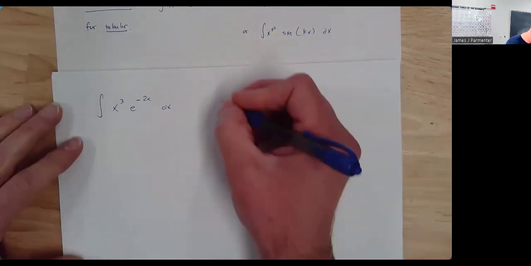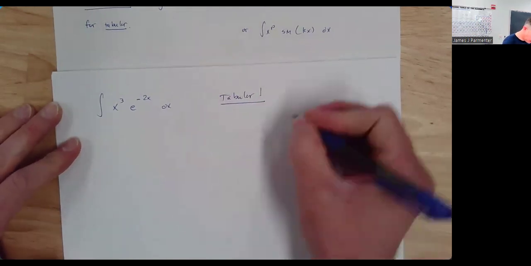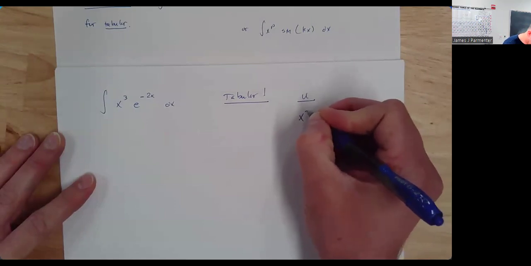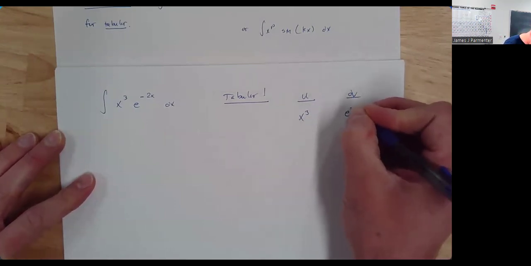So, tabular time. We're going to let u be what? X to the 3rd. And dv is the rest, except we're not going to write the dx part. So dv is going to be e to the negative 2x.